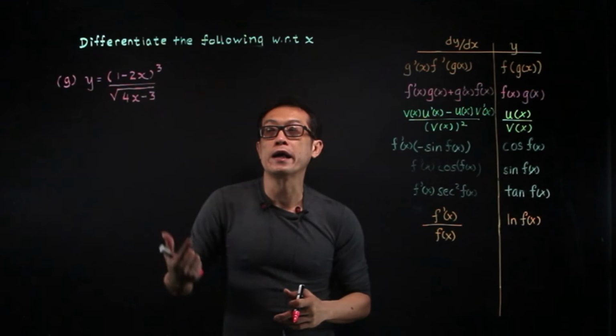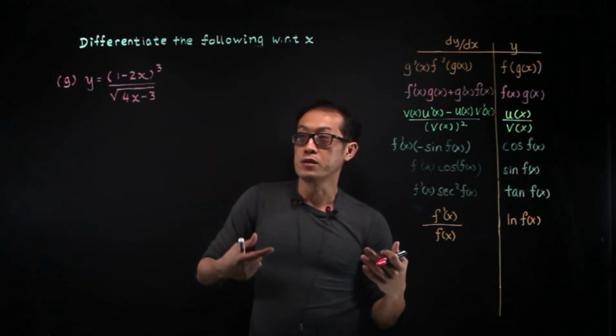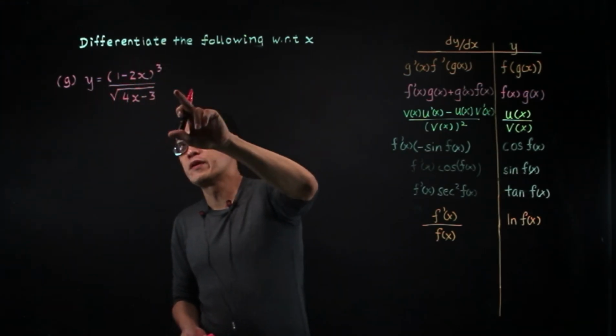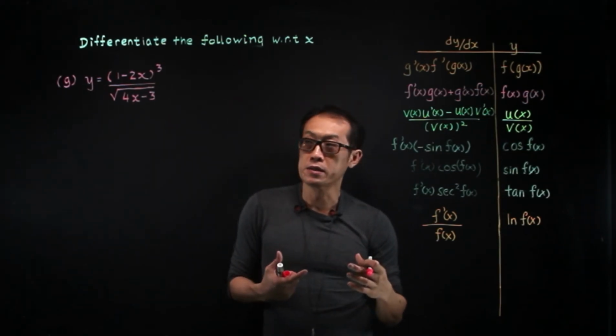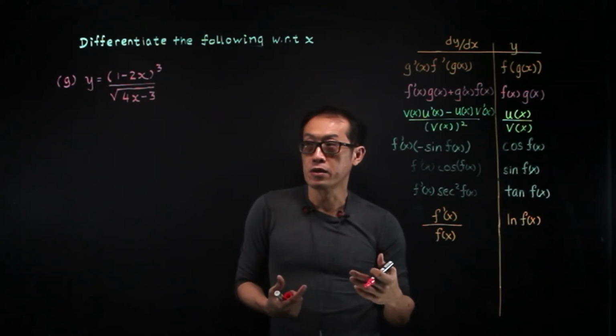I think you should try, but the final answer is the same if I do it another way. This is going to be very complicated if you use the quotient rule. So what I can do is make use of the properties of log.